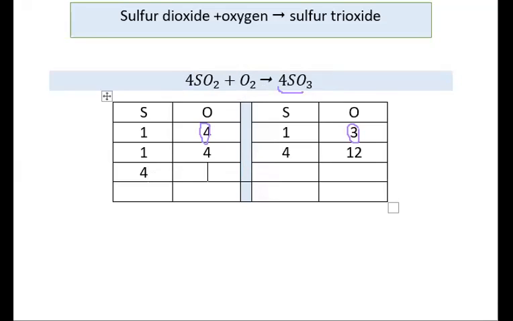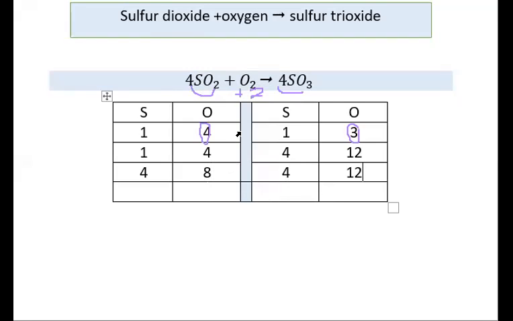So all you need to do is a little bit of math here. You need to say 4 times 2 plus 2. That's all. Okay, so I have 8. Well done. Right? And I have 4 and I have 12.